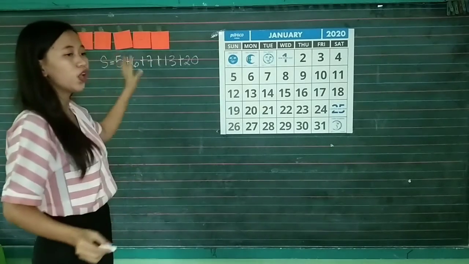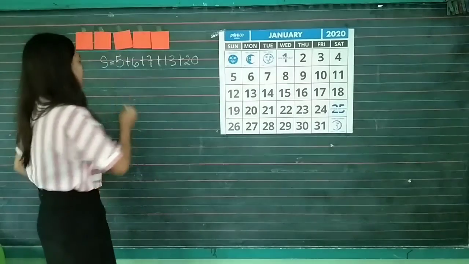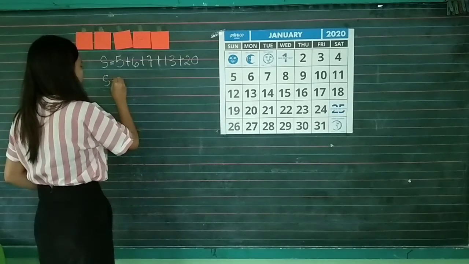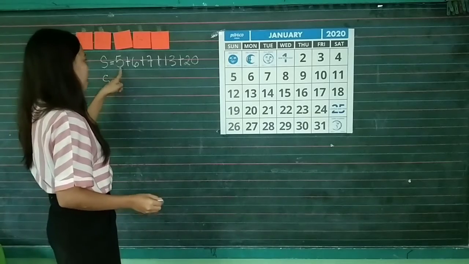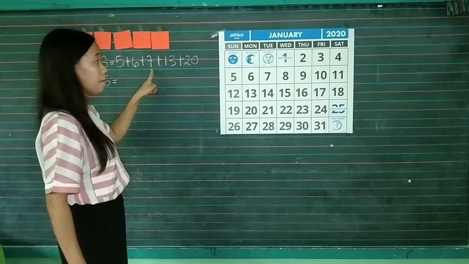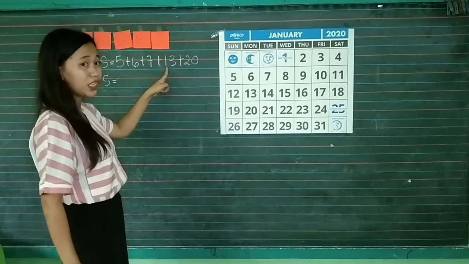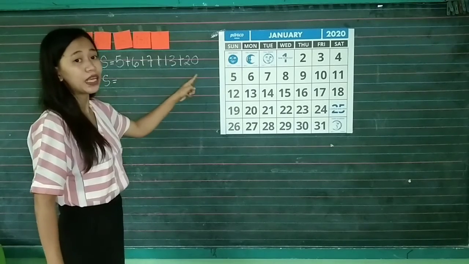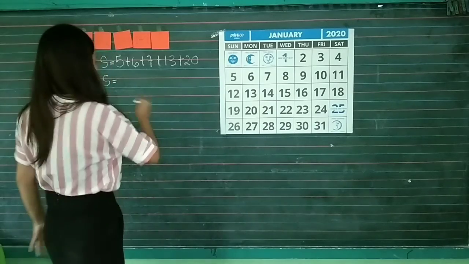If we add all these numbers, we're going to get 5 plus 6 is equal to 11, plus 7 is equal to 18, plus 13 is equal to 31, plus 20 is equal to 51.